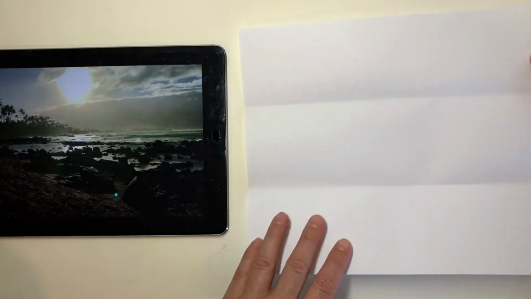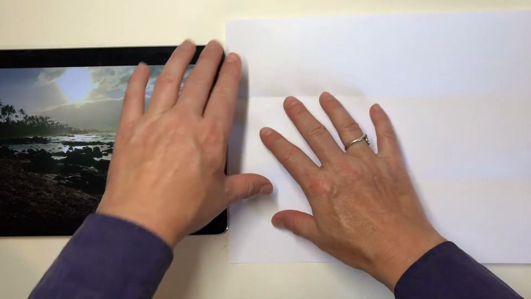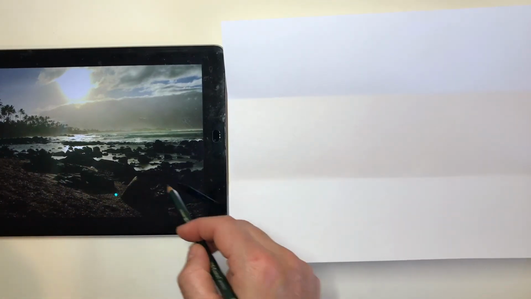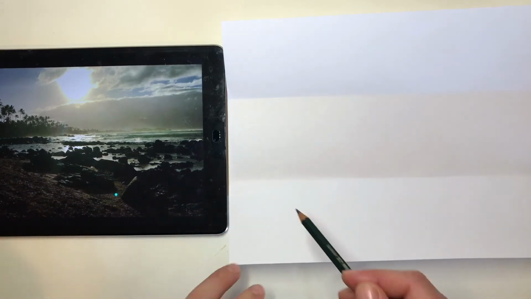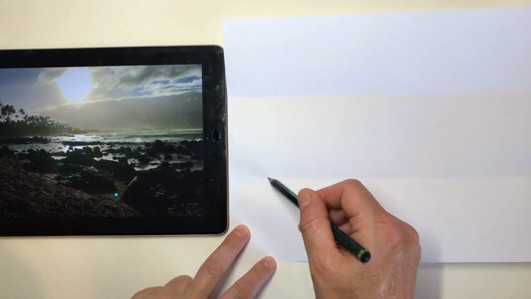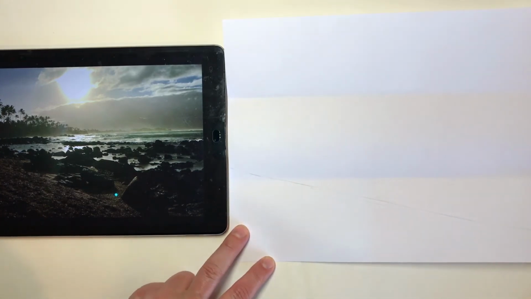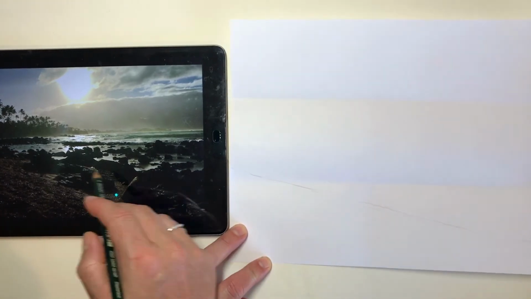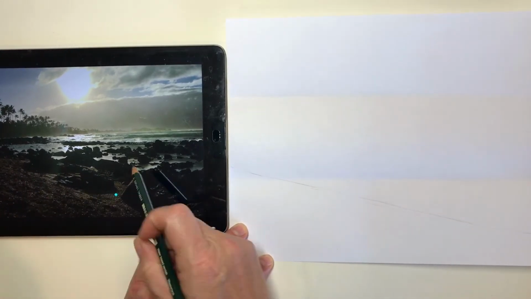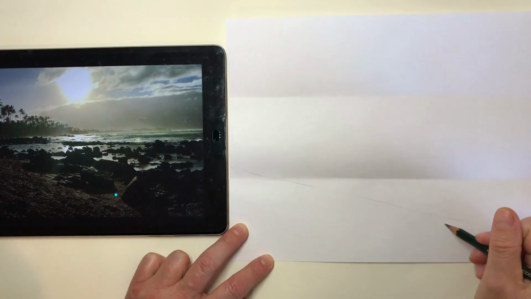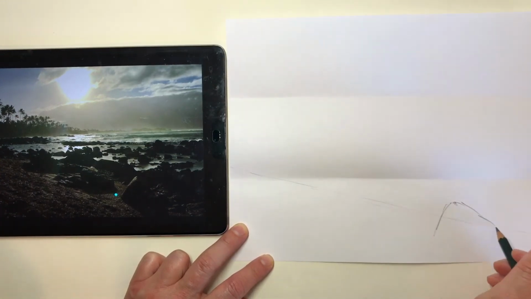And so now that I have that, I'm going to look at this piece here and decide, okay, what's happening in my foreground? I see that the beach, the coastline, goes along from here. And so I'm going to make a light line going down this way. I know that's not really a line there, but I can see that's sort of the angle, that this is beach and that is water. That line really is going to get covered up by these rocks.